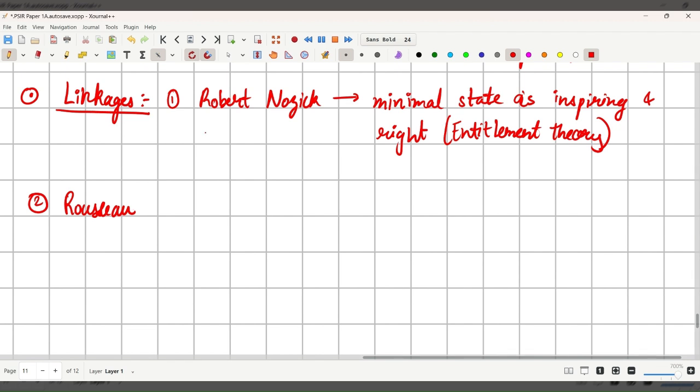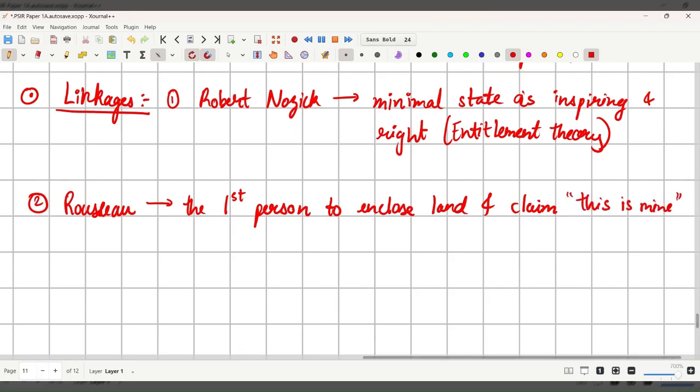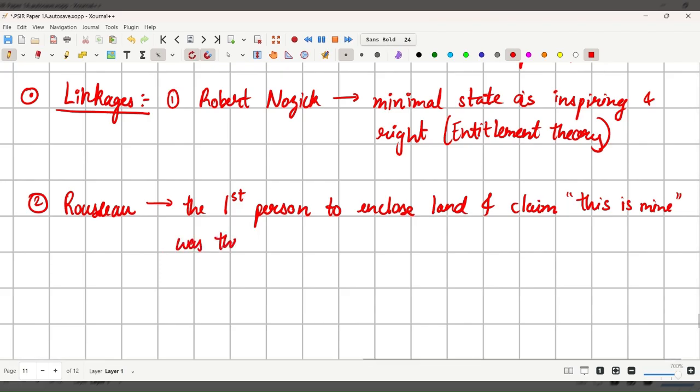Rousseau contrasts Locke by arguing that the first person to enclose land and claim 'this is mine' was the true founder of civil society, inequality and conflict.